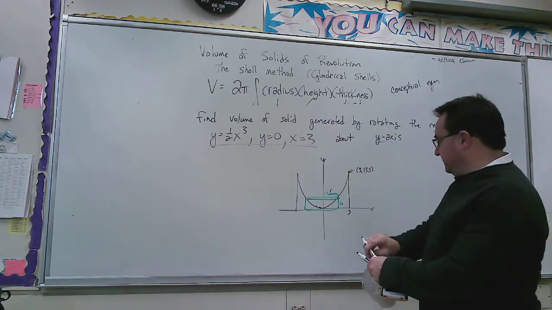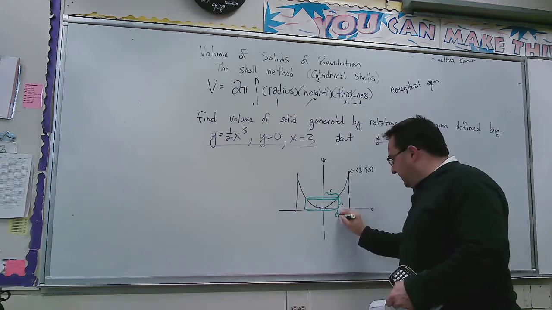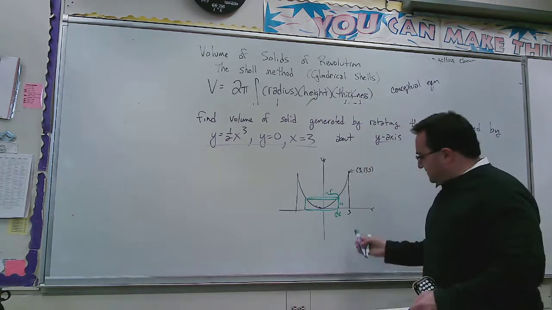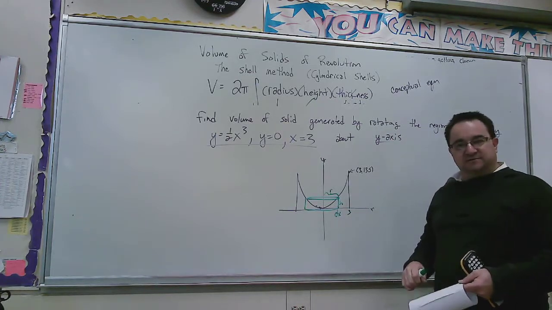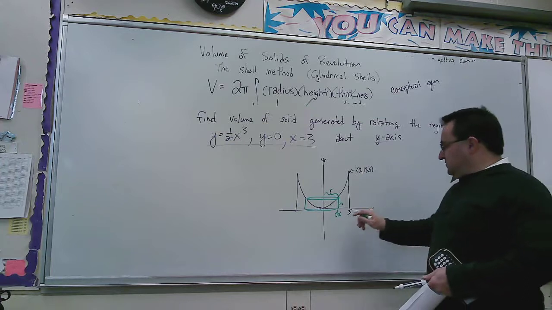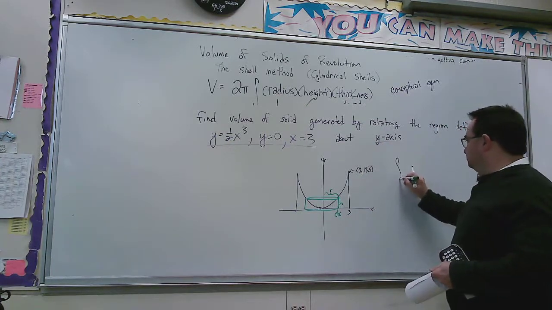That's how I think of it, so I never have to guess. This is a dx thickness because I would measure its thickness by putting the ruler along the x-axis, right? So that tells me I'm going to need a dx integral.